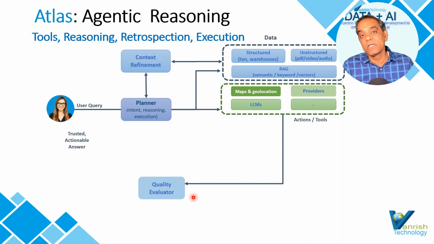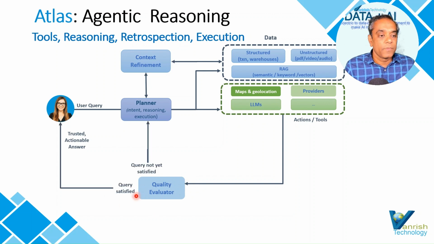What the quality evaluator does over here is evaluate whether this information is relevant to the user or not. If the query is satisfied, this information goes to your user, and then the user will be happy.